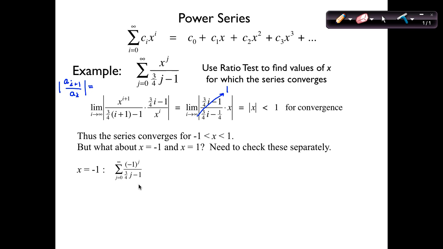So what can we do? We've got an alternating sequence that goes to 0. Can we conclude anything? What do you think? The sequence goes to 0 and it alternates.